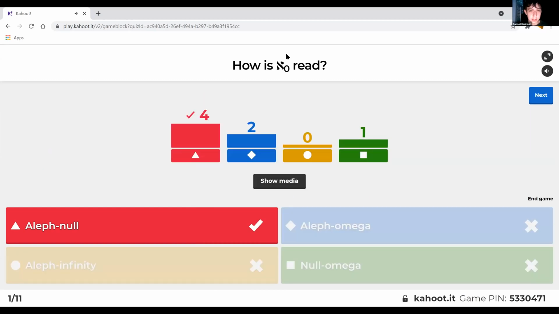Oh, exactly. This symbol is aleph null, the Hebrew letter aleph, and then that 0 means null.